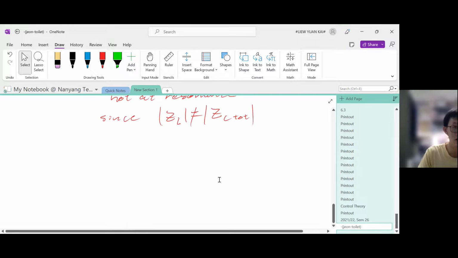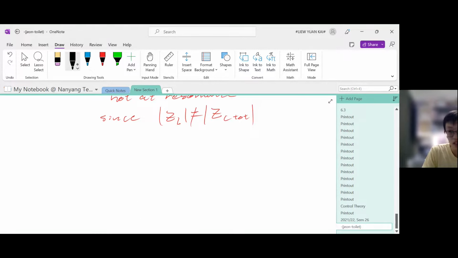So how to deal with this question? Remember, we had to make use of the condition they tell us. So for resonance, we need this condition to hold true. That means this is equal to what?